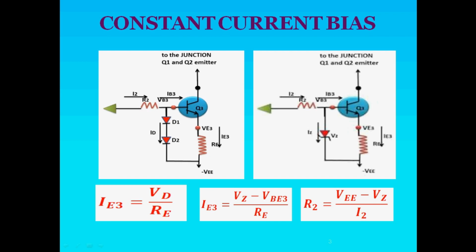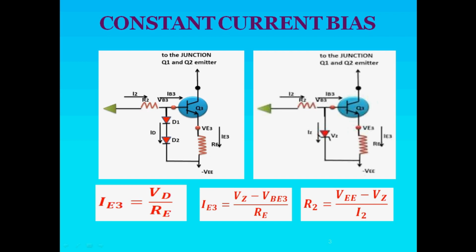This will increase the voltage drop across resistor RE, and hence there is an increase in the emitter current IE3. As this current increases, the output current that is flowing into the emitters of Q1 and Q2 also increases. So it could not produce the constant current. Hence, we have used the diodes D1 and D2.